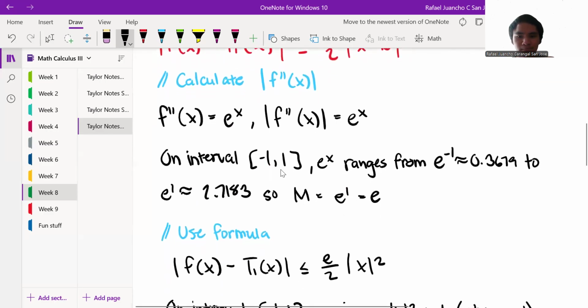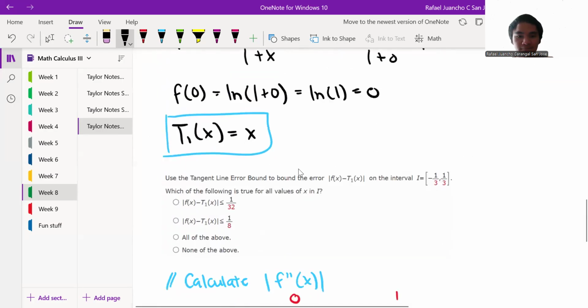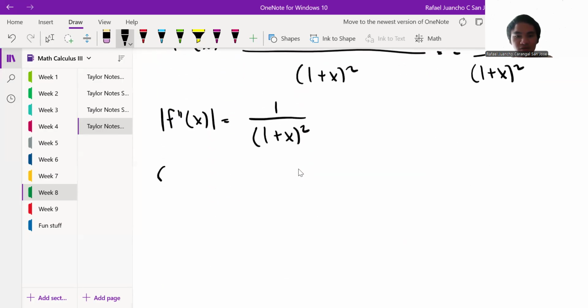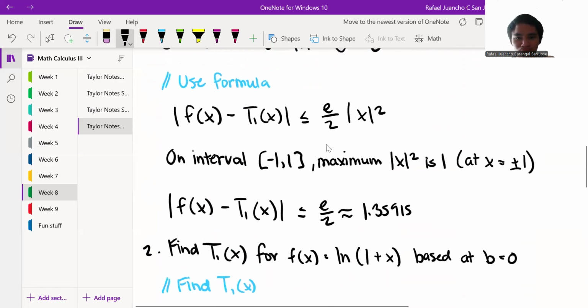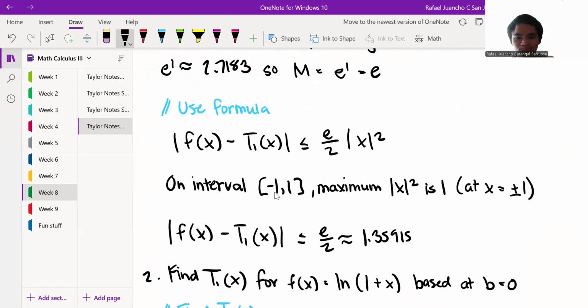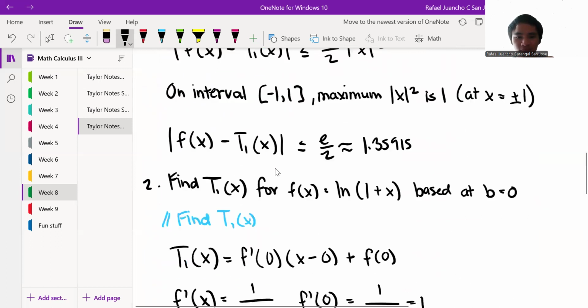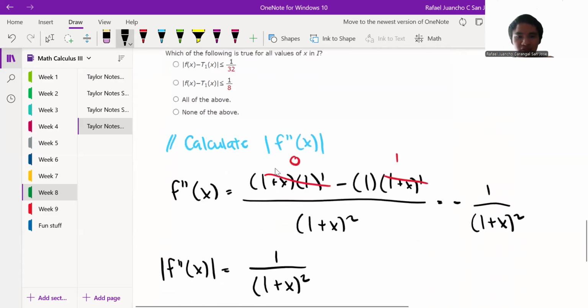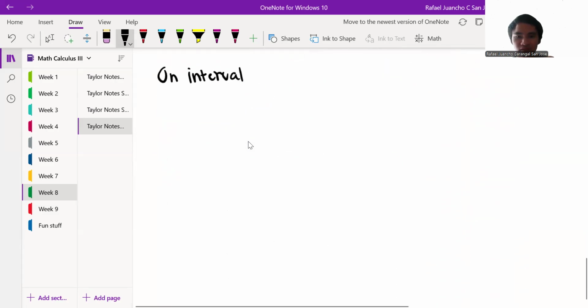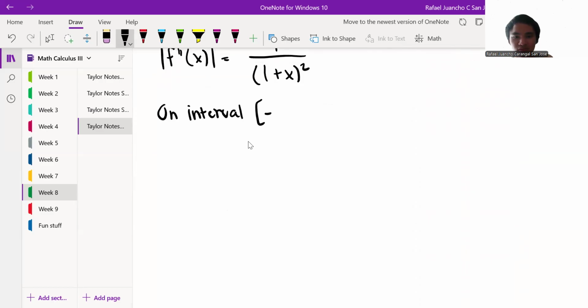And now we plug it in the interval. So on the interval, where does it range from? So that we can find our M. So this thing ranges from negative 1/3 to 1/3.